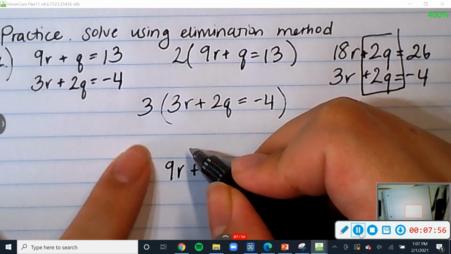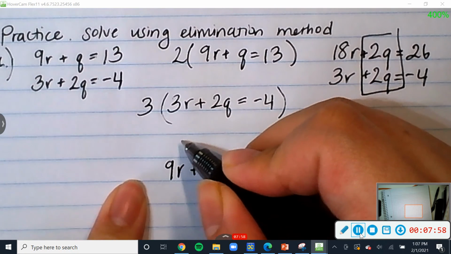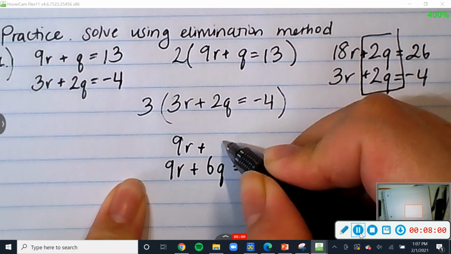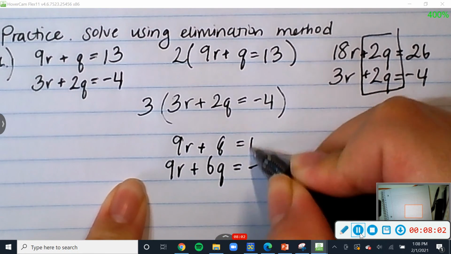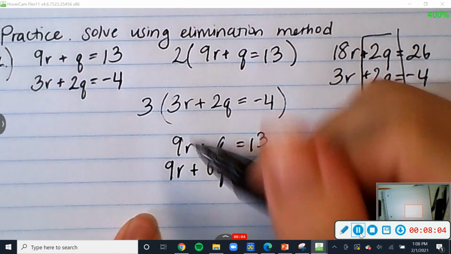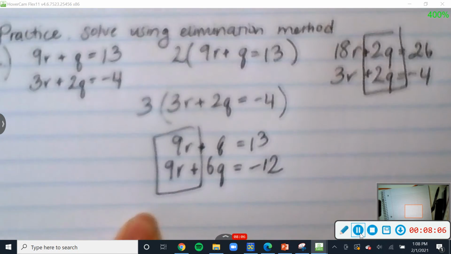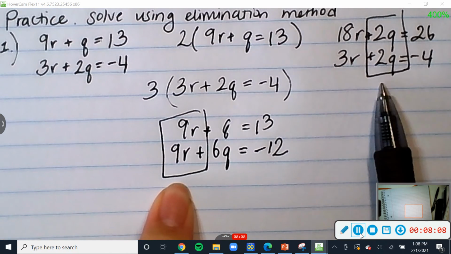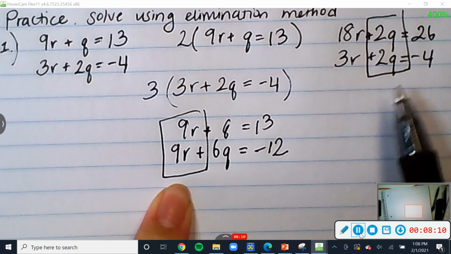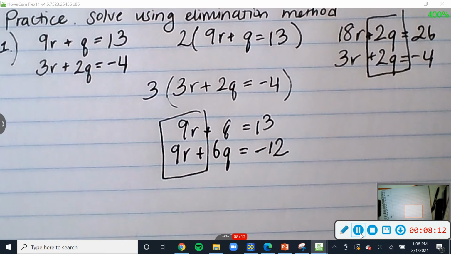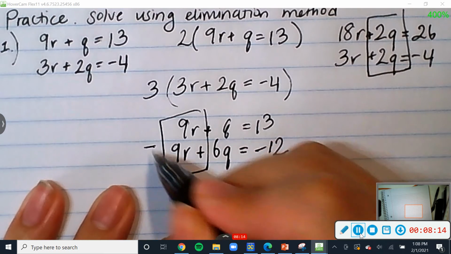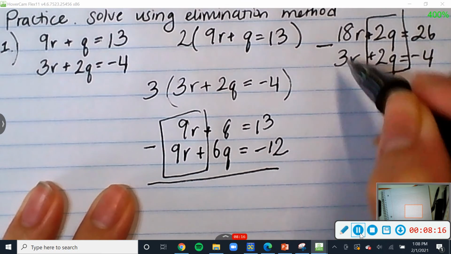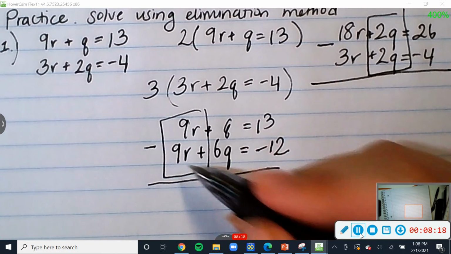And then copying down the top equation here, we had 9r plus q equals 13. And now we would have these coefficients match. So there's actually 2 different ways that you could have done it. Both of these would work, and then from here, you would subtract the equations and solve. This one, you would also subtract the equations because both of these are positive.